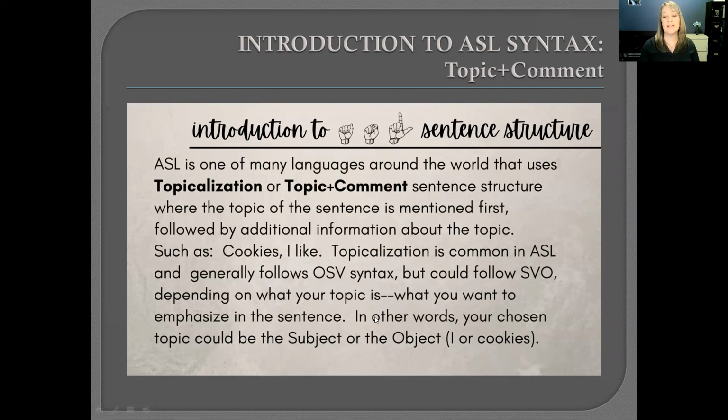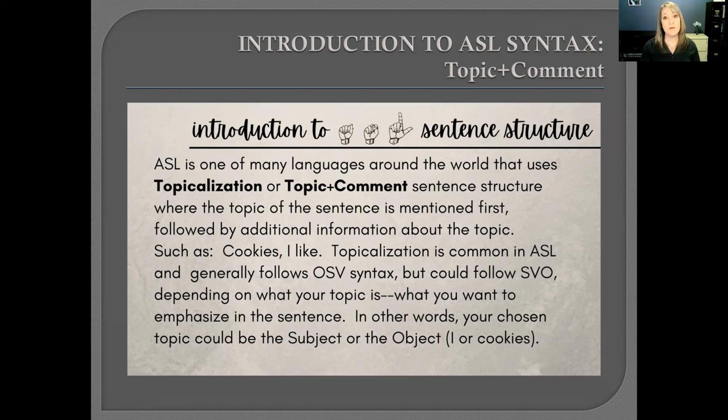ASL is one of many languages around the world that uses topicalization. This is also sometimes called topic comment sentence structure, where the topic of the sentence is mentioned first, followed by additional information about the topic. And that is exactly what we did when we did OSV, cookies, I like. Topicalization is common in ASL, very common.